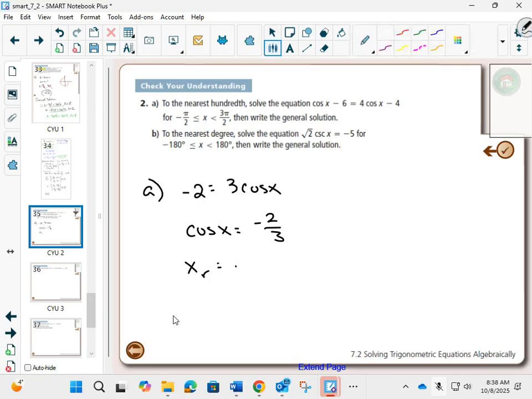And maybe I'll just put this note in again. For reference angles, that's always positive.